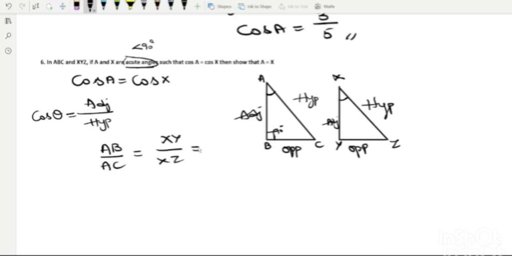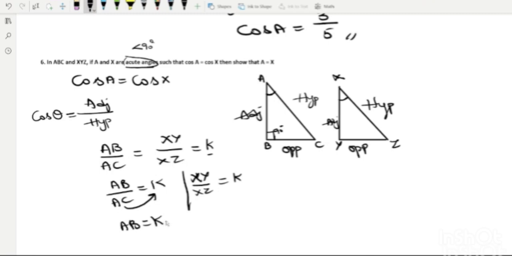So now let us assume that both these things are equal to a constant term called K. Now you can write AB upon AC equals K, or XY upon XZ equals K. Now the term AC, if we shift it from the division to the other side, becomes multiplied.